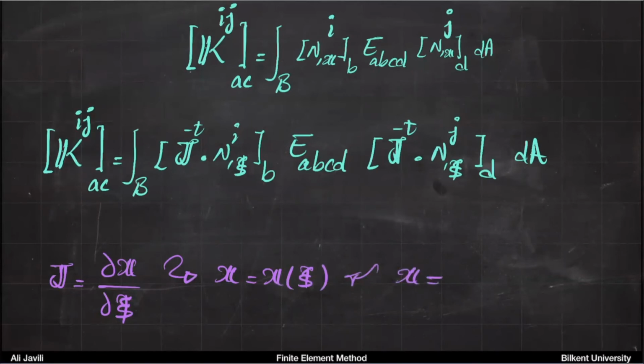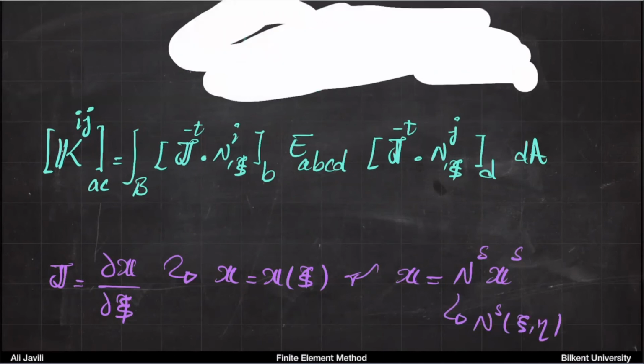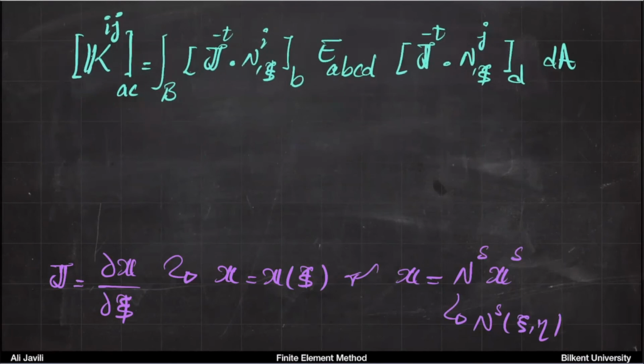So that X is the sum of N_s X_s. And now because each of these N's is a function of Xi and eta, you would naturally have your X as a function of Xi and eta, right? This is exactly what we did before too. So we push this thing up. And all you want to do now is to expand this sort of relation.